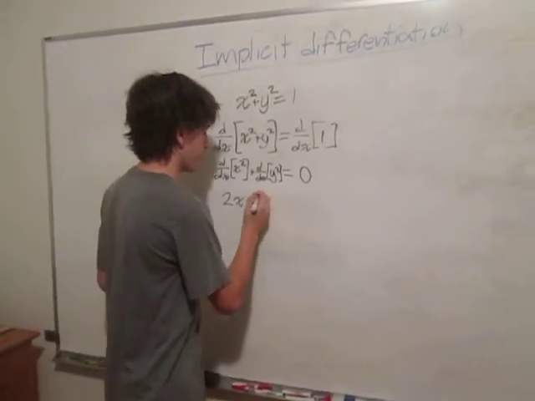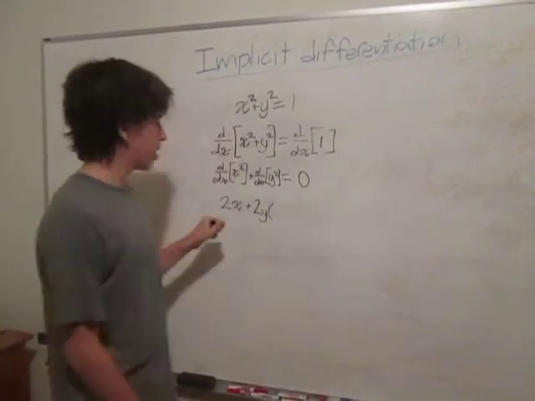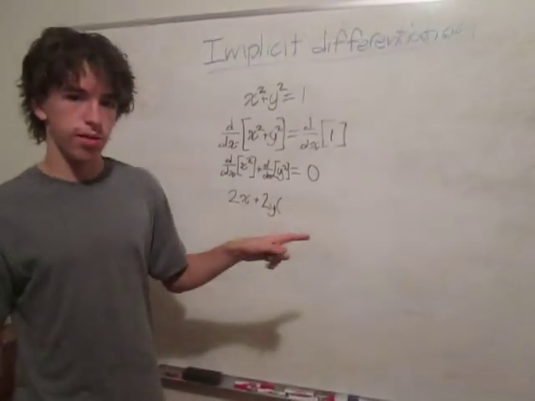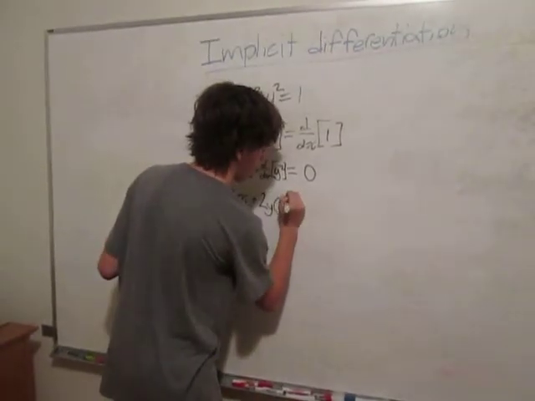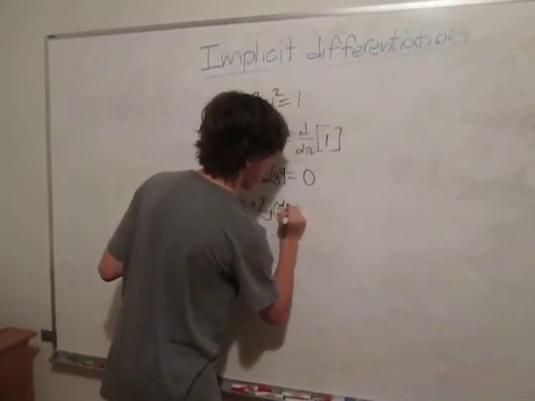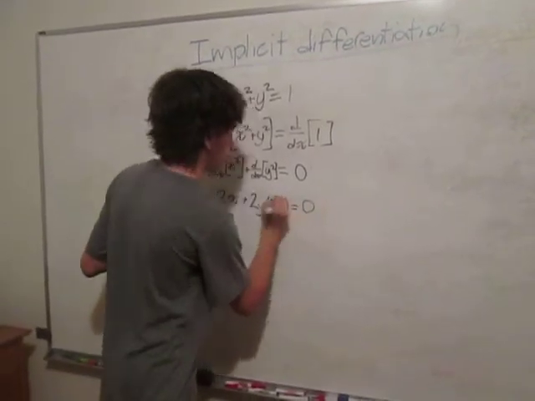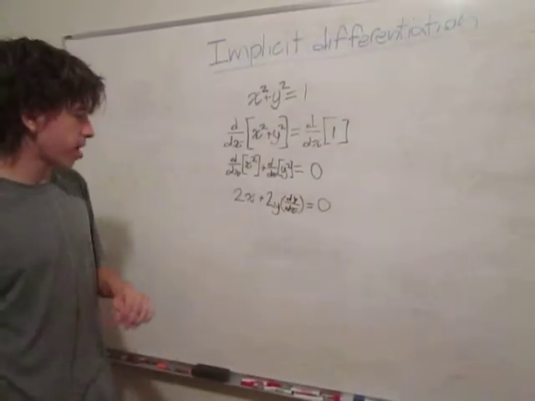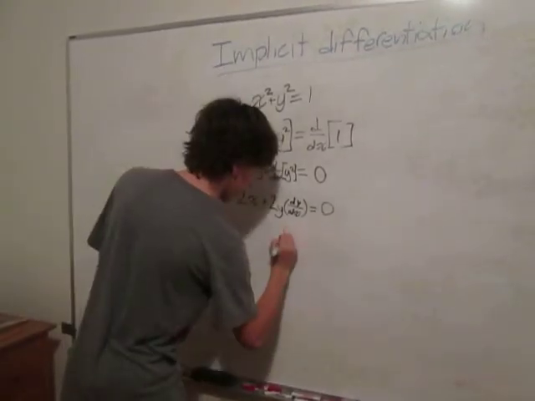So that's 2y, but then we have to multiply that 2y by the derivative of y with respect to x, which is dy/dx. This is the derivative we're trying to find, right? Is equal to 0.